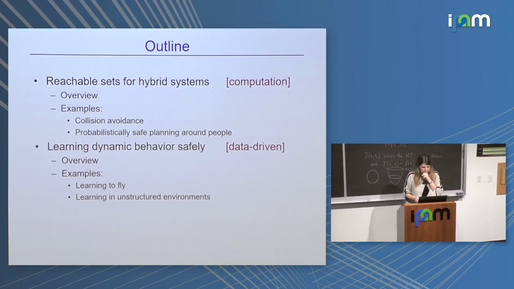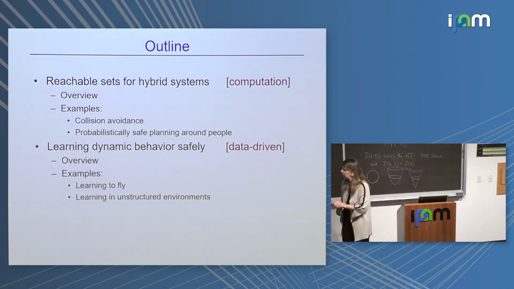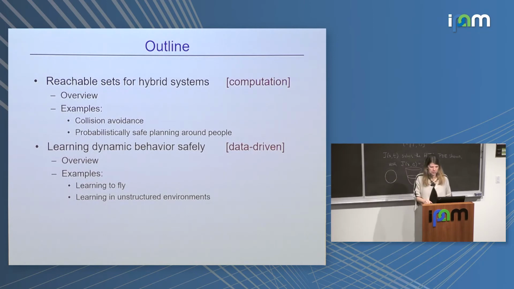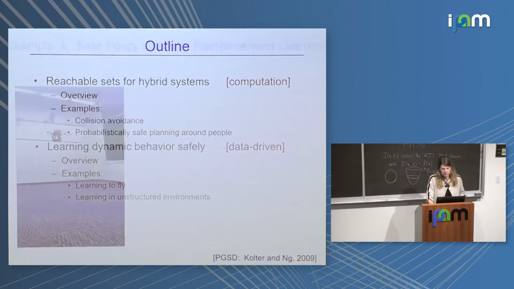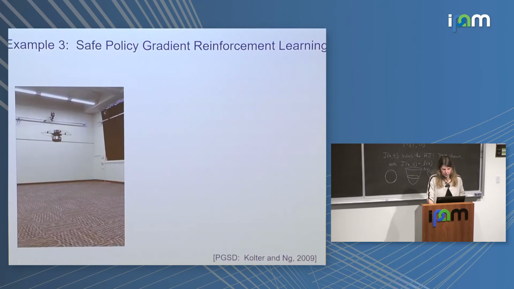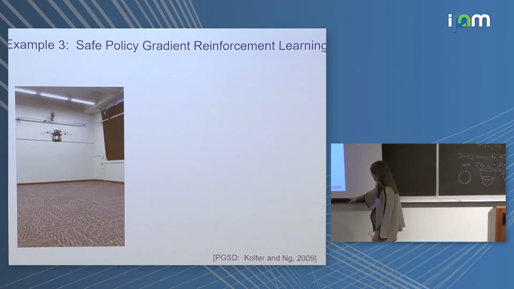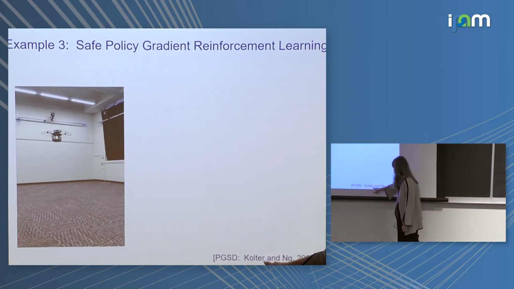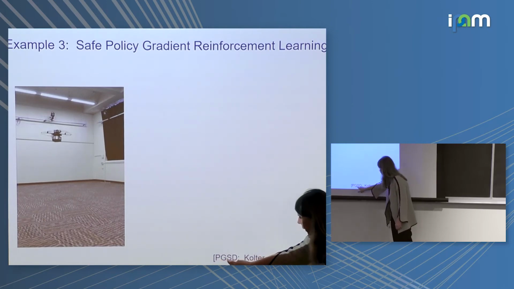Okay, so learning dynamic behavior safely. This is the last part of the talk. And as I've been doing all along, I'm going to present this through examples. We've done a couple of steps here. The first thing we worked on used a very simple learning algorithm by Zico Kolter and Andrew Ng, published back in 2009, Policy Gradient Sign Derivative.